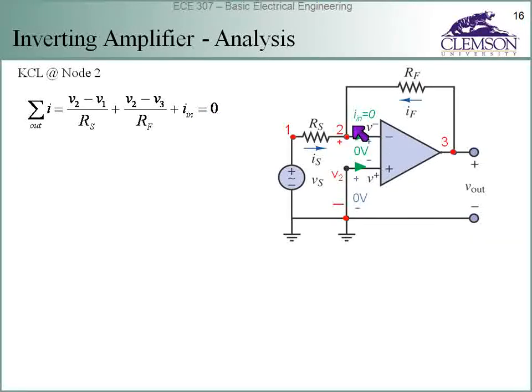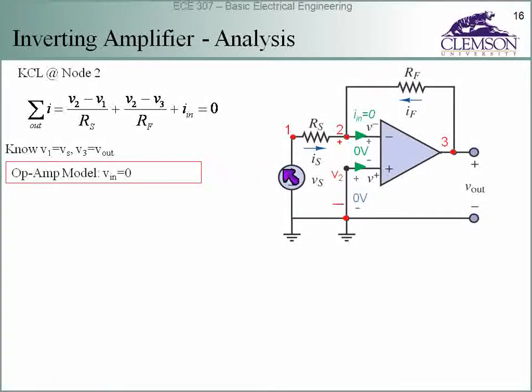That's the Kirchhoff's Current Law right there. We know that V1 is equal to Vs, so we can substitute V1 equals Vs. V3 equals V out, we can substitute that. And then our op amp model is that this voltage is equal to 0. We know that V2 is equal to 0 because this voltage and this voltage are equal to 0, and V2 is actually equal to the sum of those two, and so V2 is equal to 0.